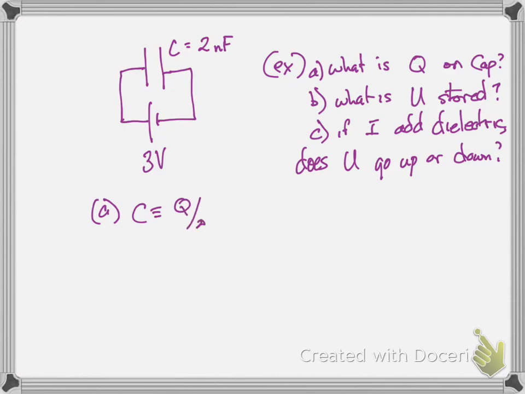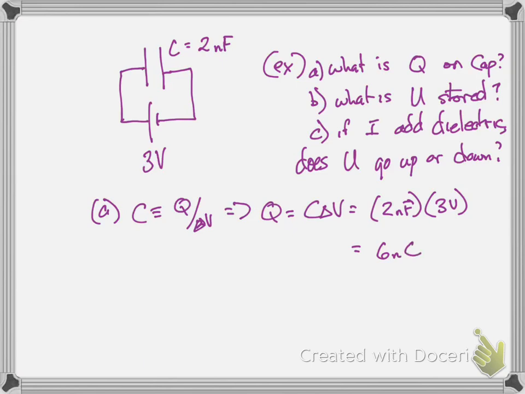C is Q over delta V, and therefore Q is equal to C delta V, which is 2 nanofarads times delta V, which is 3 volts, the voltage across the capacitor, which is 6 nanocoulombs. Don't forget to carry the prefix: 6 nanocoulombs, and that's 6 times 10 to the minus 9th coulombs.